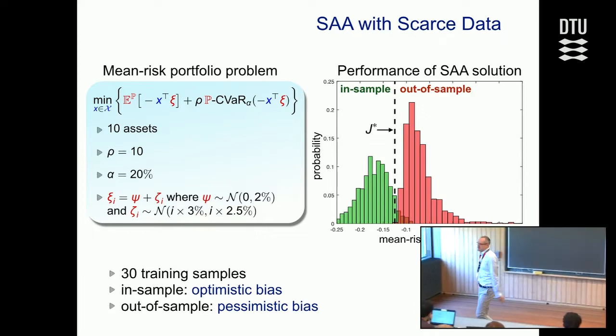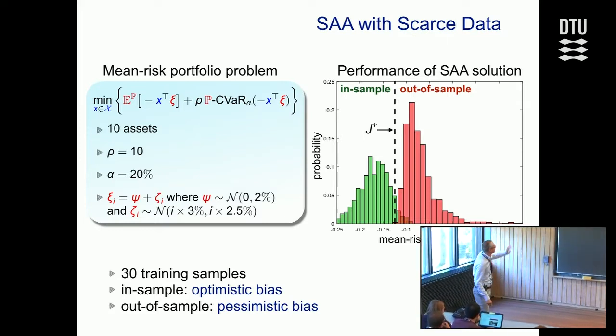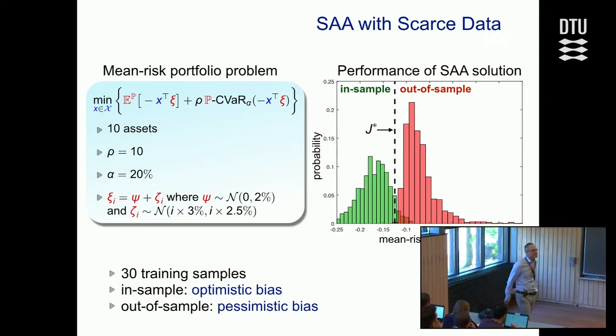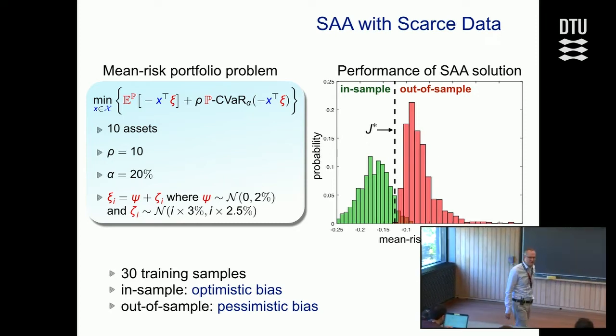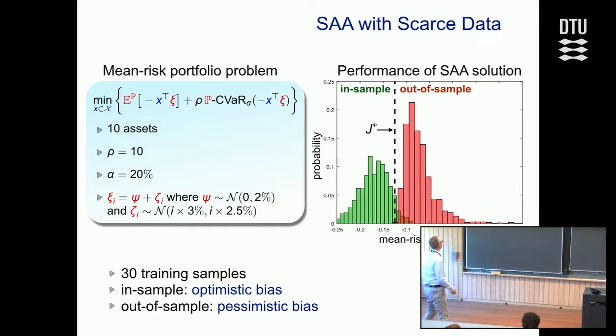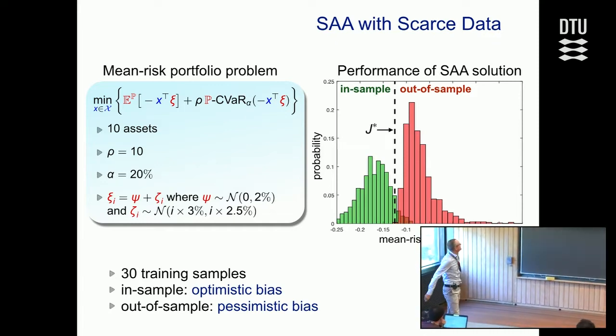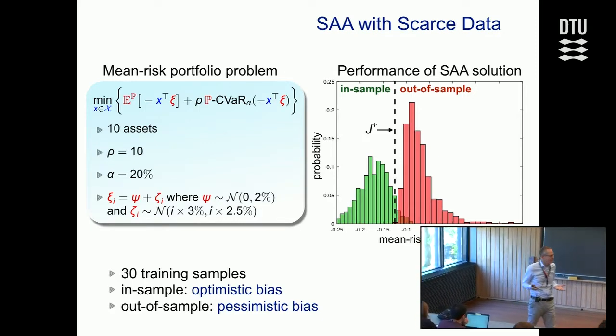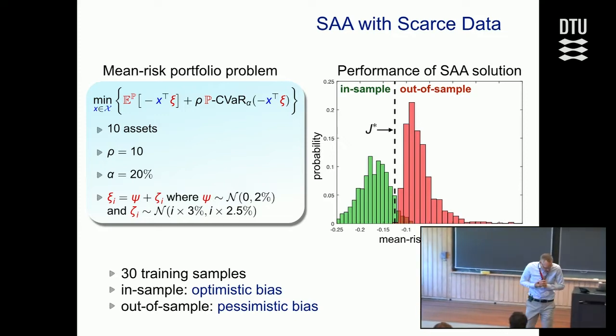Now we assume that the investor that solves that problem has 30 training samples. So think of it as 30 months of monthly stock price data, and solves this mean risk portfolio optimization problem using the sample average approximation. Okay?